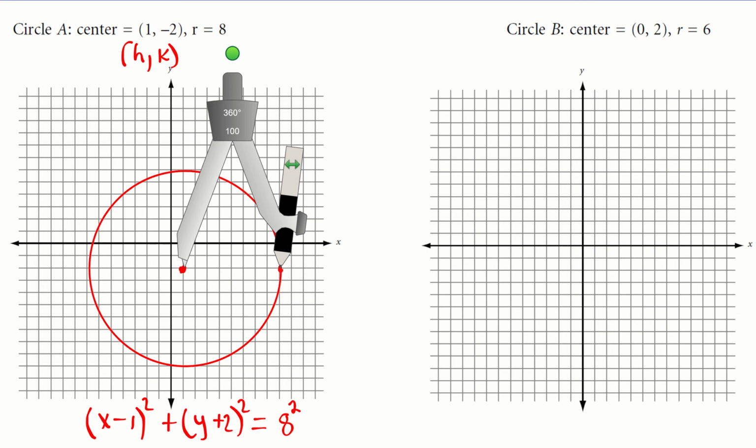Let's move on to circle B and see how we do with that one. It should be a little more familiar. We have a center at (0, 2), so we just go up 2 units. Here is the center of our circle, and the radius is 6. Let's continue counting up to 6.